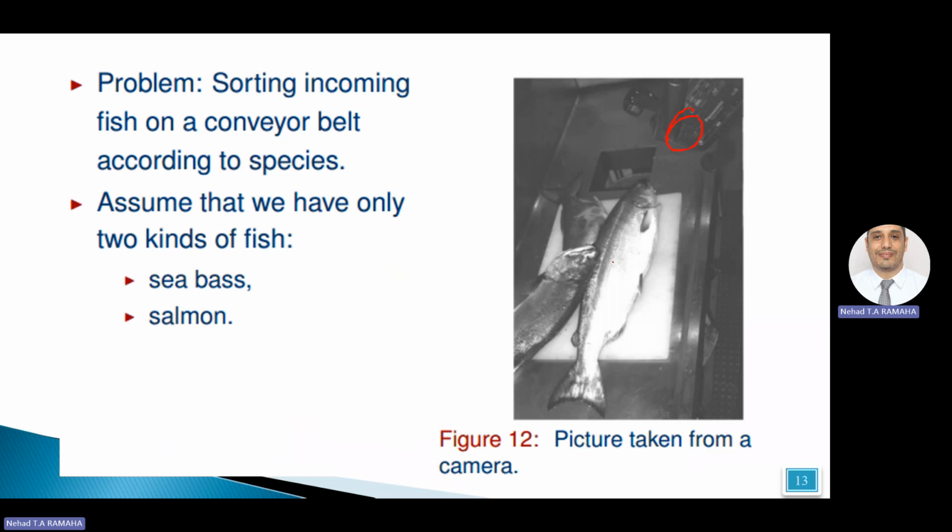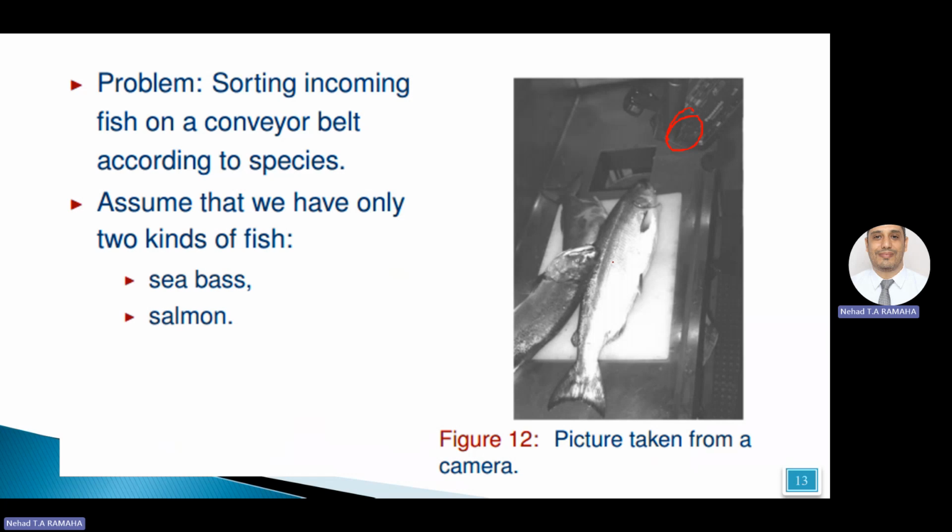You know the belt that moves, and the fish will move over it. The camera will take a picture of this fish. Then we have pre-processing. What's pre-processing? That separates the fish from any other noise or part from the picture.